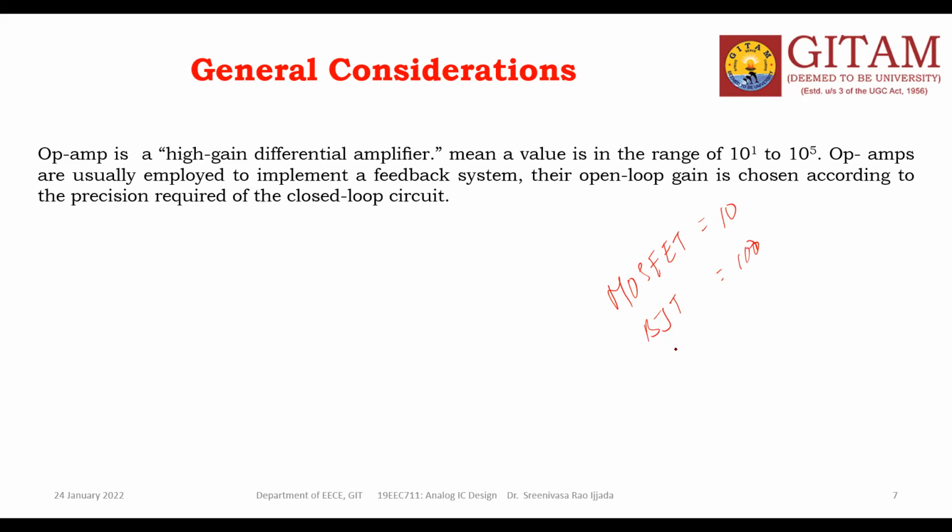But in the op-amp, you have 10 power 5, which means 1000 K. Am I correct? So this is the higher gain. This is the importance and basics of the op-amp. Why are you choosing the op-amp? Because it is a high gain amplifier. Understand?